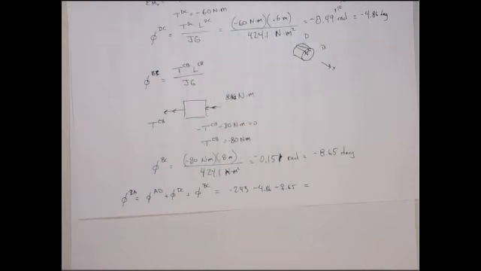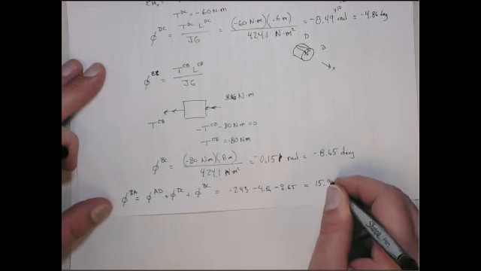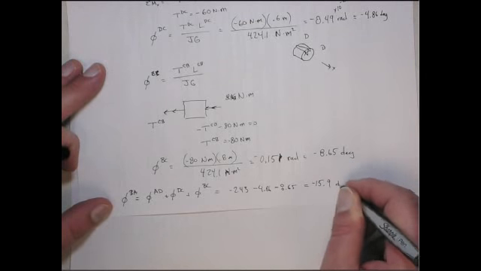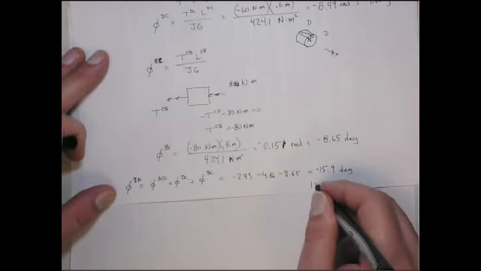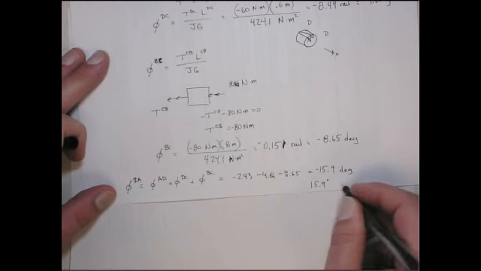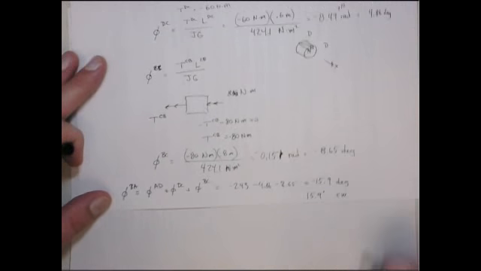And that gives me a total of minus 15.9 degrees. In other words, 15.9 degrees clockwise. Okay?